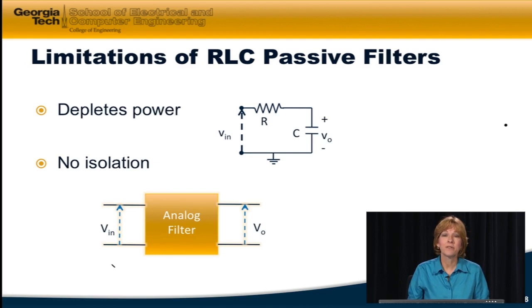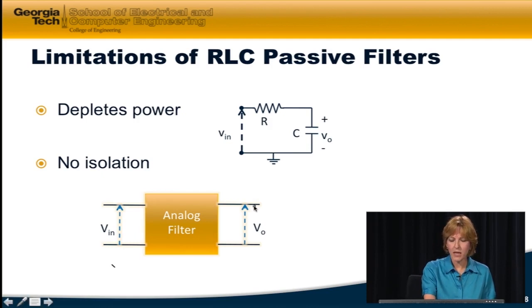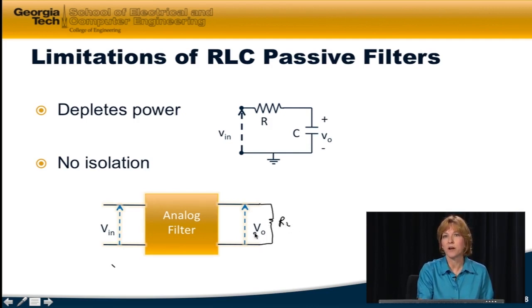And the other thing, it doesn't provide isolation. What do I mean by that? Well, if I want to add something to this, maybe say a load resistor, I've immediately changed V naught. And you can see that by going up here. If I add R sub L right here, I have to reevaluate this circuit because I have changed what V0 is.